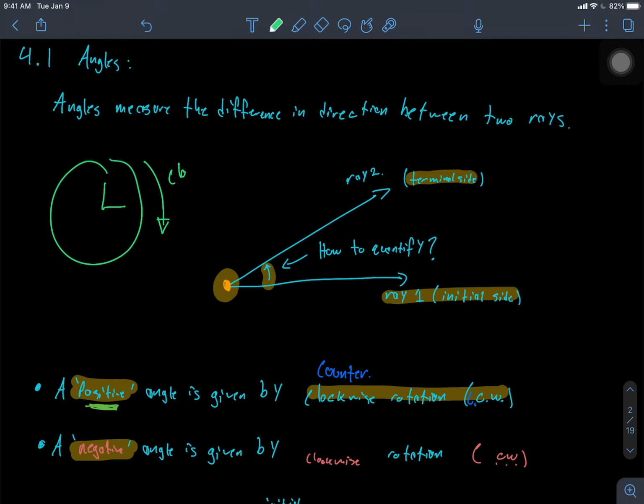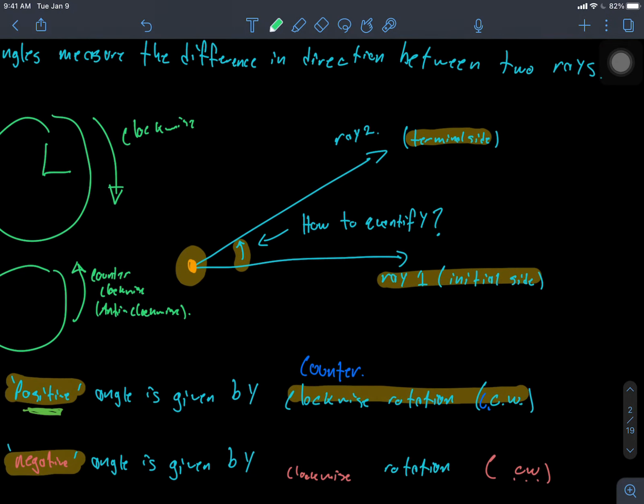This is clockwise. And the other direction we call counterclockwise or anti-clockwise. Clockwise is like turning our steering wheel to the right, and counterclockwise is like turning our steering wheel to the left.